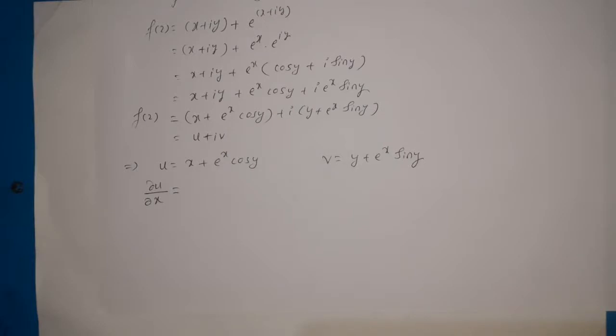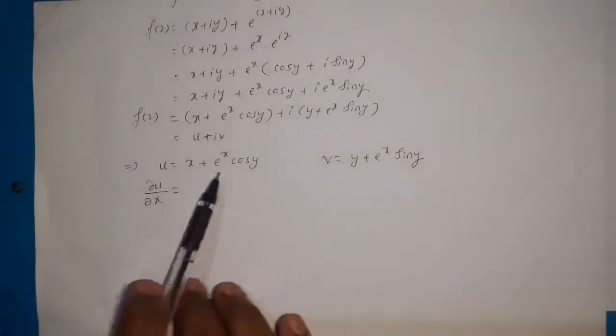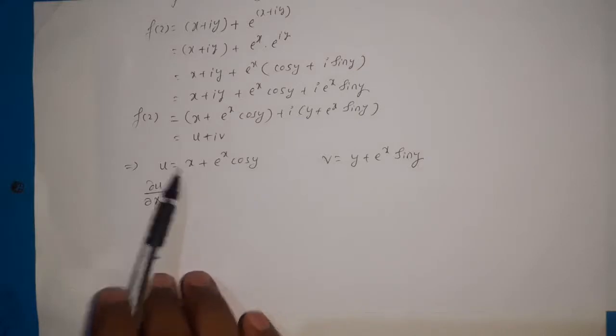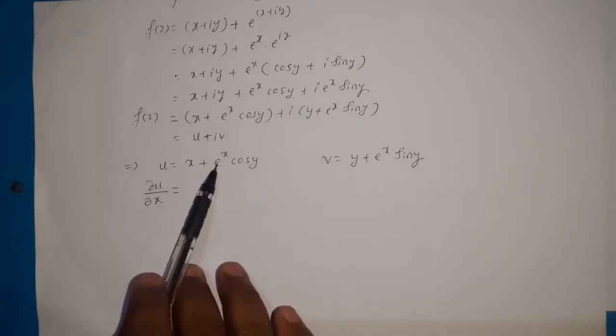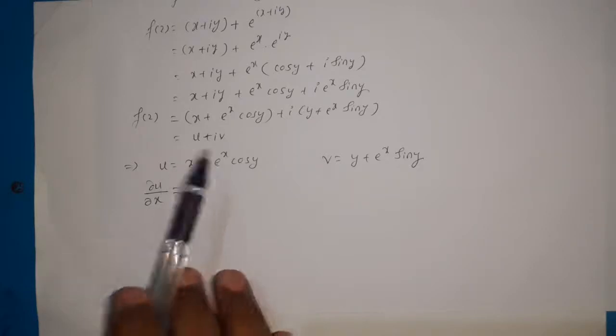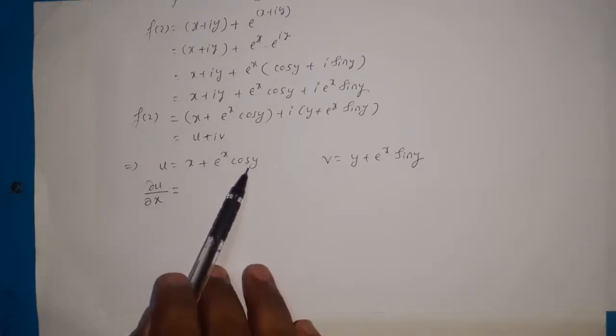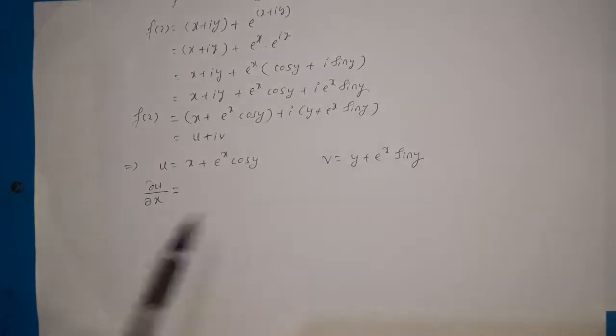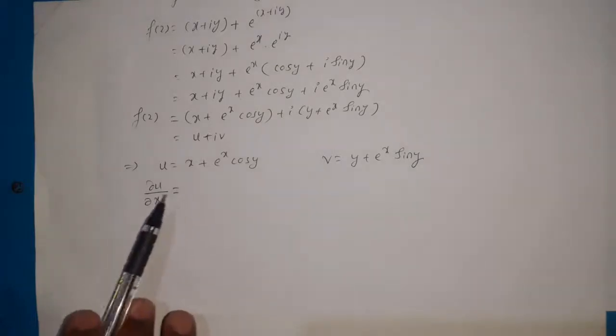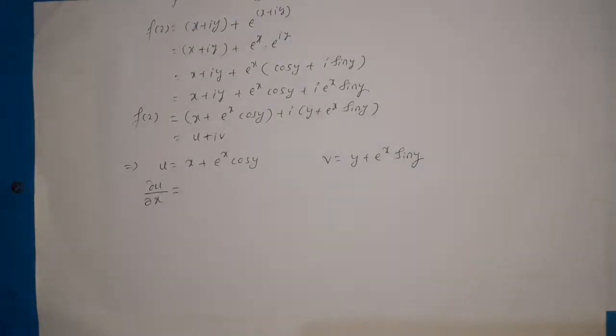Here we have two variables x and y; x is a variable and e power x is a function of x, hence it is variable, and cos y is constant. So if we differentiate with respect to x, cos y will not change because it is a constant.